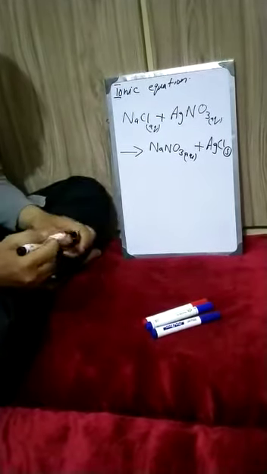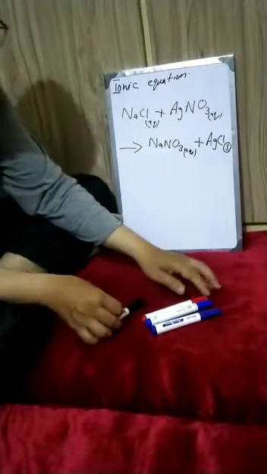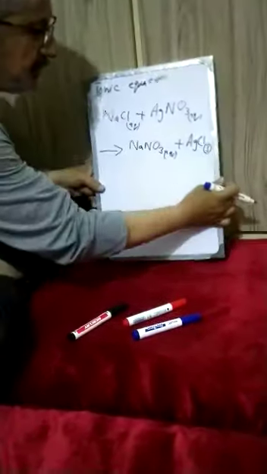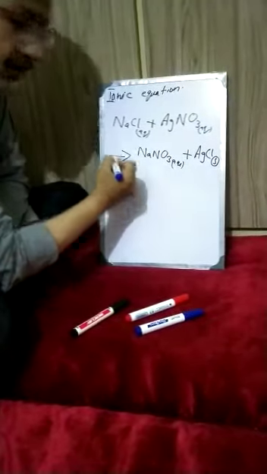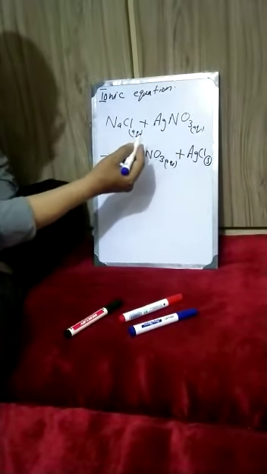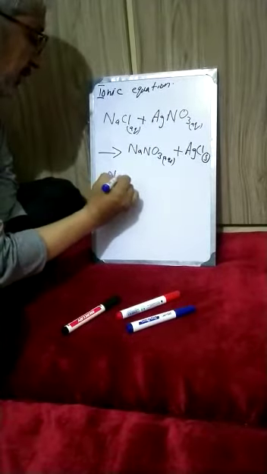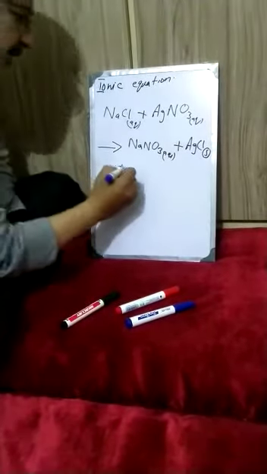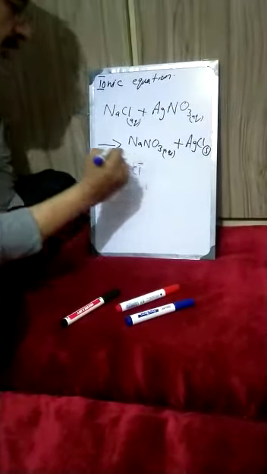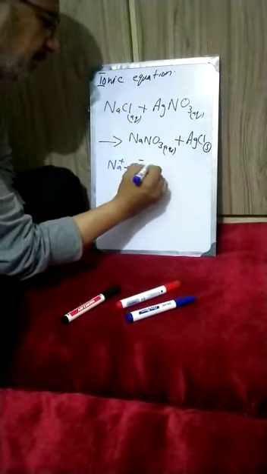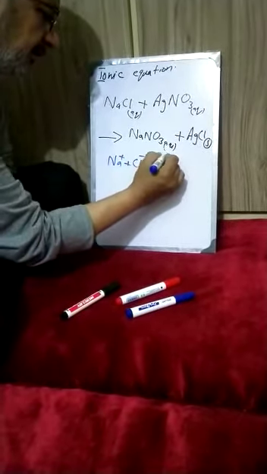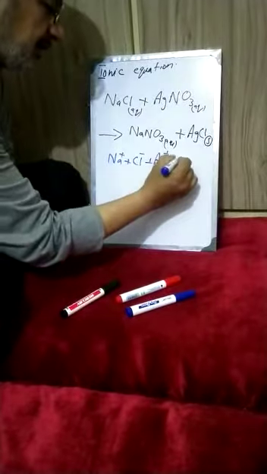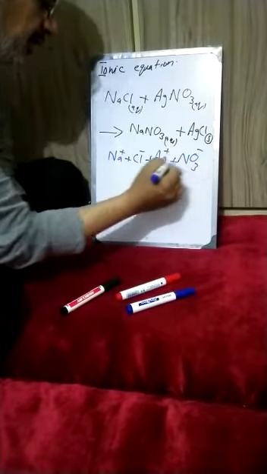When we write the ionic equation of this type, we will first of all write the compounds in the form of ions: sodium, positive ions, plus chloride, negative ions, plus silver, positive ions, plus nitrate, negative ions.